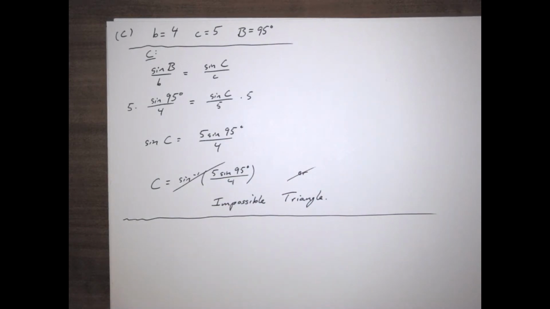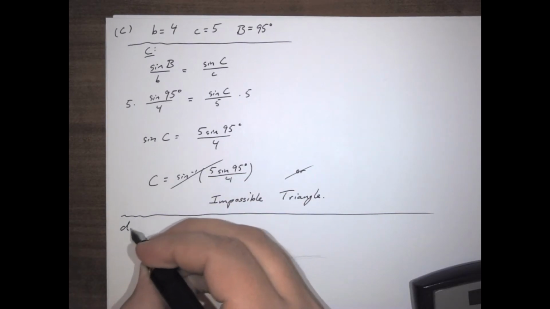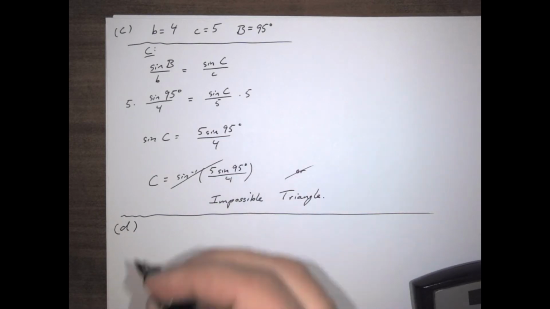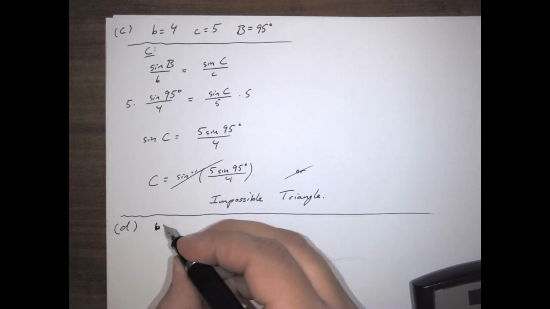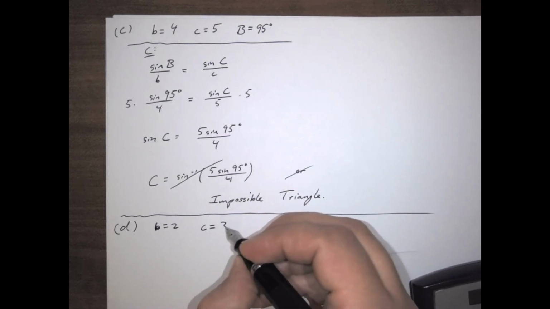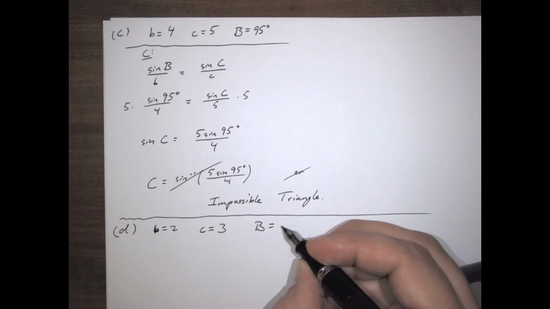All right, and now let's see what it looks like when we have the other of the ambiguous cases. So the next example here is going to be little b equals 2, little c equals 3, and then capital B is equal to 40 degrees.